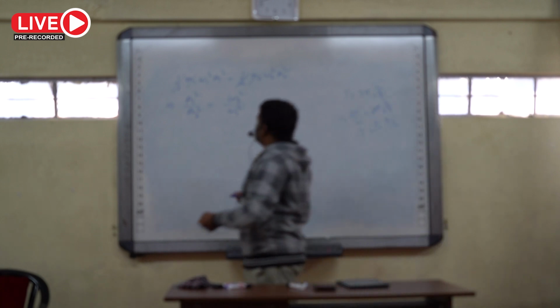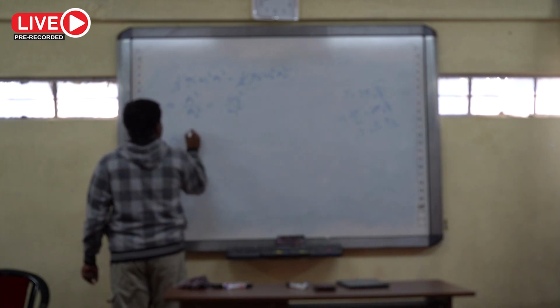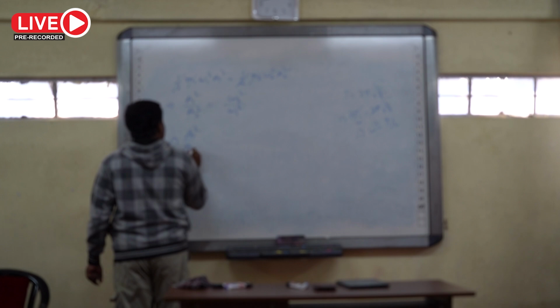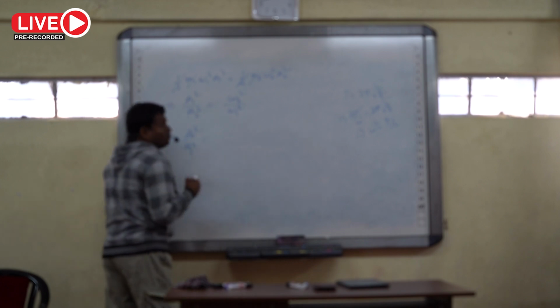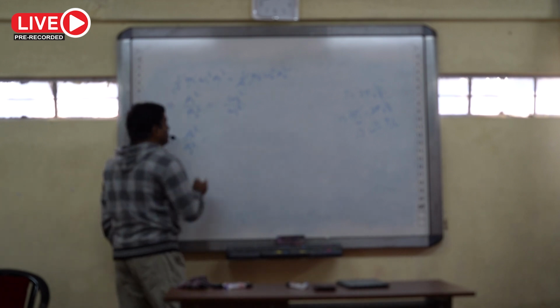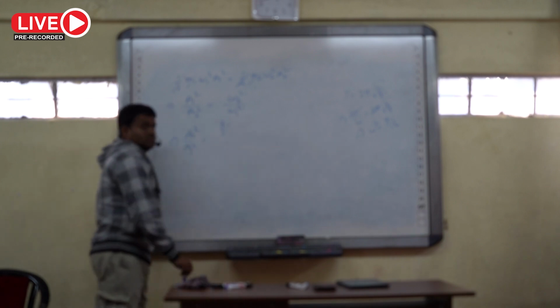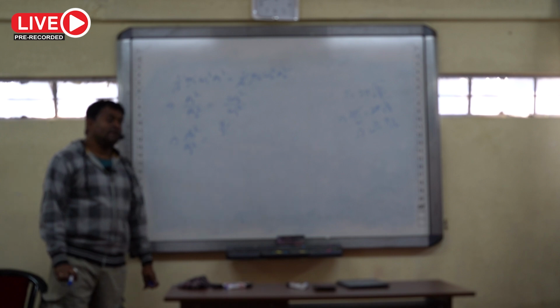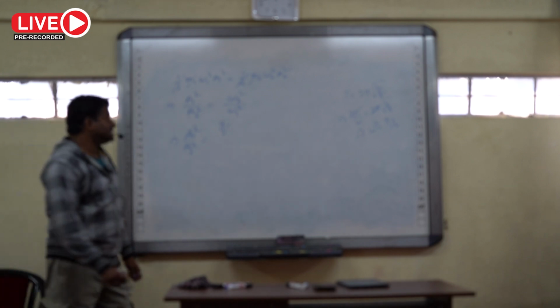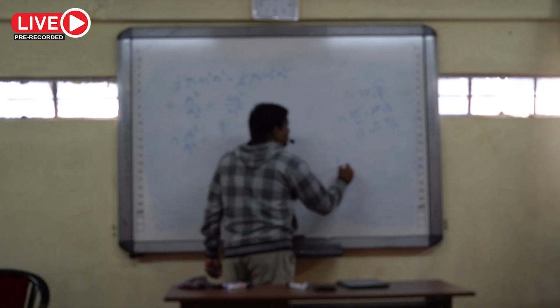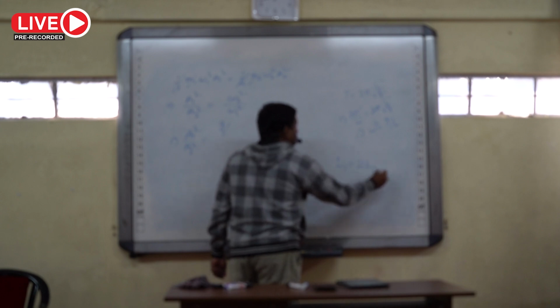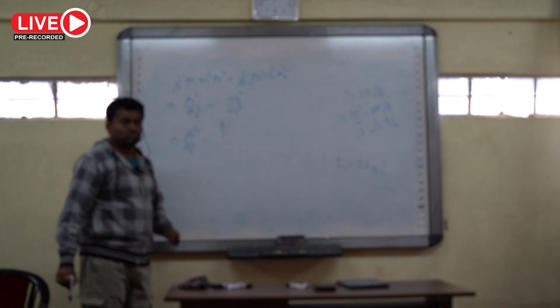So we can substitute here: A1 square by A2 square equal to omega2 square by omega1 square. Omega2 square means g by L2 and omega1 square is g by L1, given that L1 equal to 2L2.